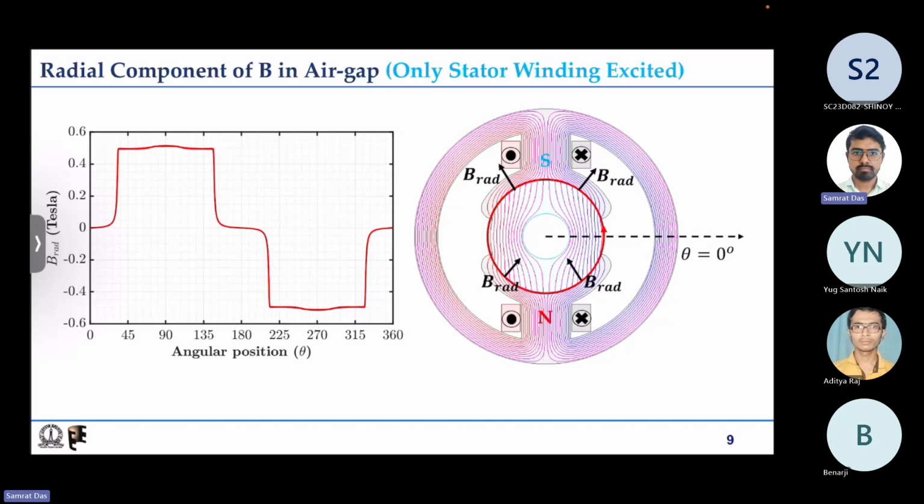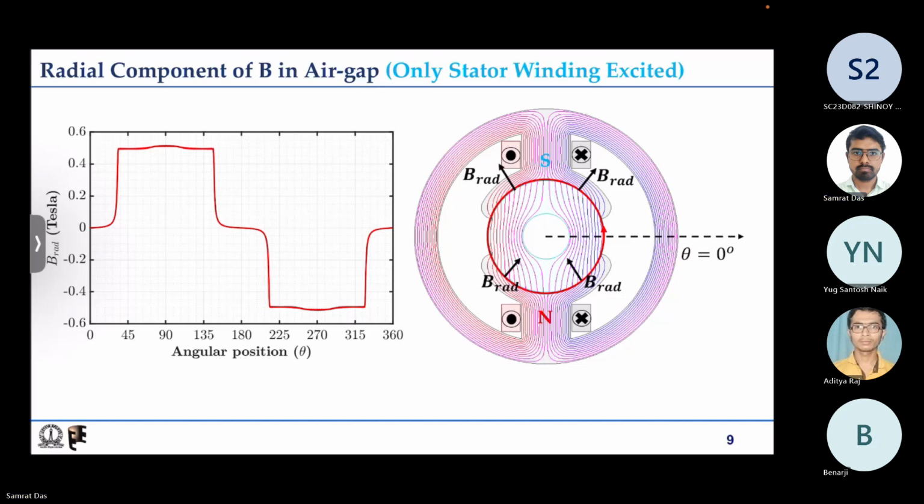So for this case, smooth rotor case, we actually found out the B versus theta distribution to be bell-shaped, which is often or mostly discussed in textbooks.